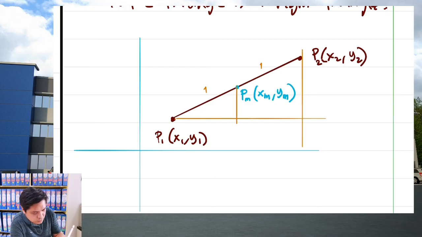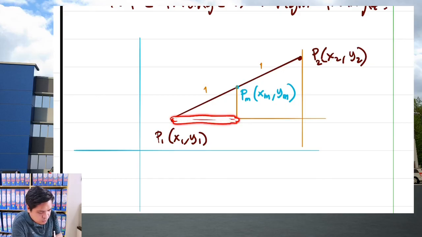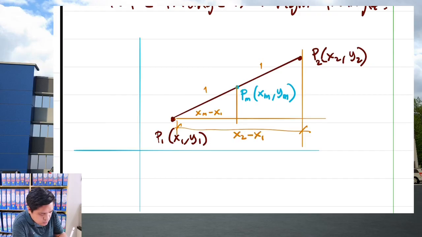Now, this distance here is the increment of x, or the increment in x from P1 to PM. So that means this distance is xm minus x1. Okay, now this distance is the increment from P1 to P2. So that means this is x2 minus x1.